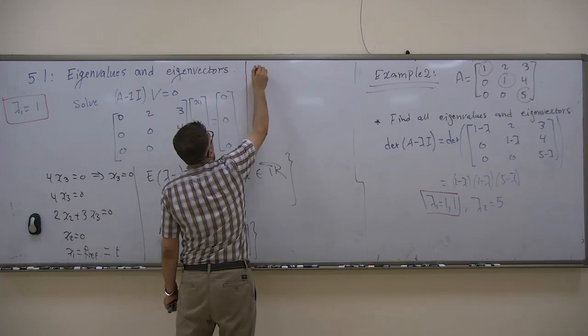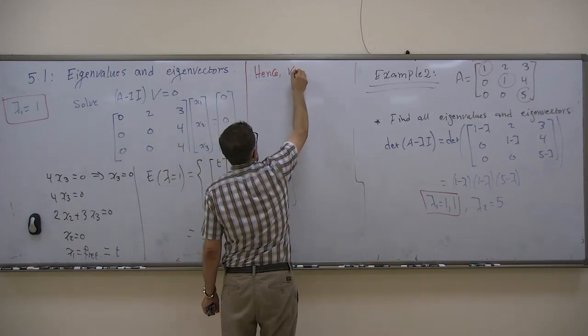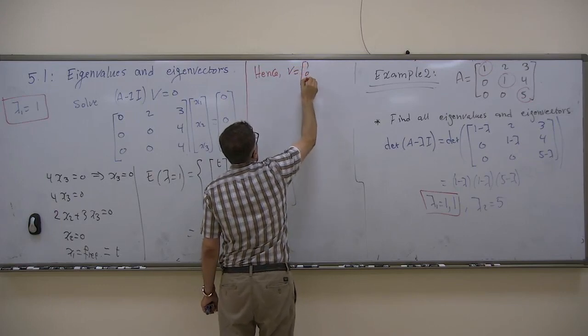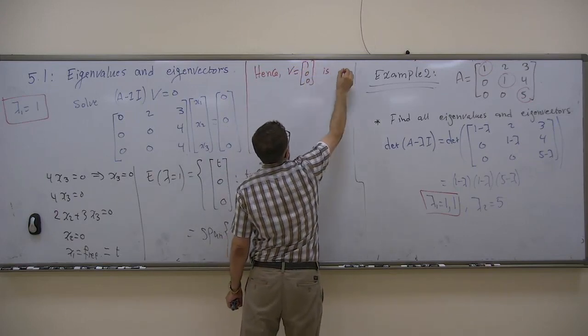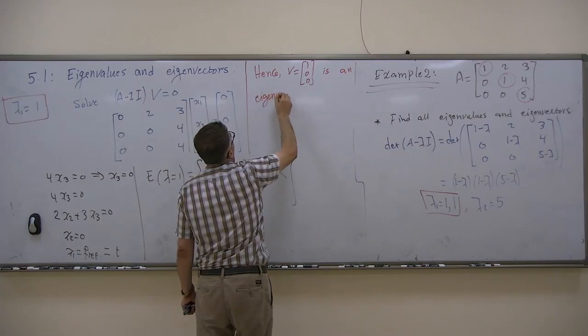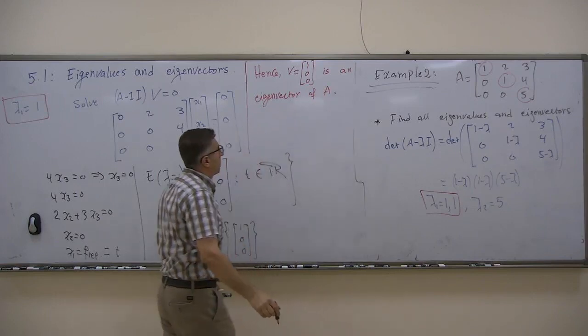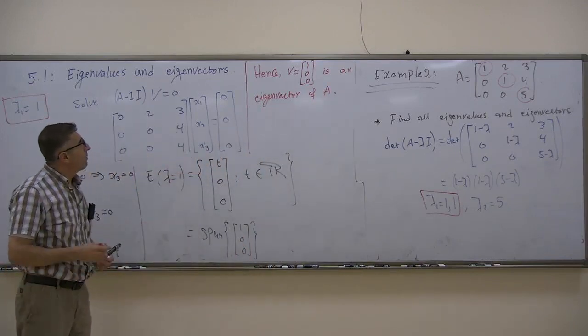Hence, this vector v equals 1, 0, 0 is an eigenvector that belongs to this lambda. All right.